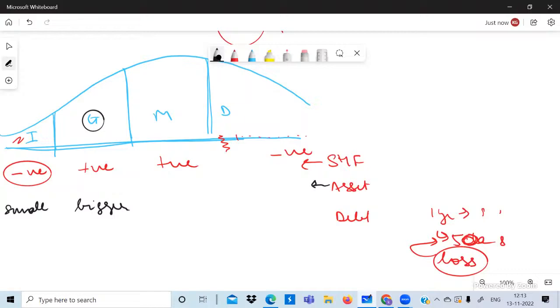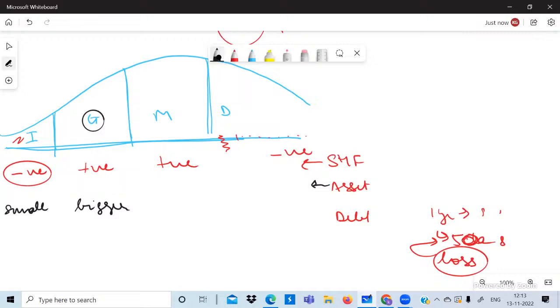So your asset base will become bigger. You'll not have assets worth 5 lakh, 10 lakh. You'll have assets worth, let's say, 1 crore, 2 crore, 10 crore, 100 crore. But you will not move from 100 crore to 200 crore over the next 1 year. Maybe you'll move from 100 crore to 130 crores or 140 crores next year, then from 130 crores to maybe 150 crores next year. So asset base will become bigger, but the growth rate will slow down.